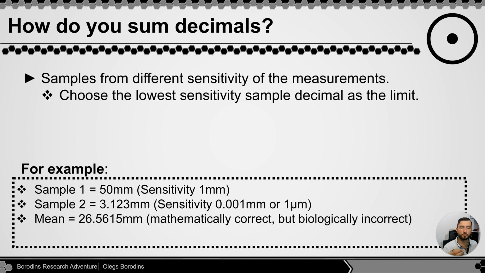And when we find a biological mean, it will give us 26.5615. And it's again correct mathematically, but biologically incorrect. You may think that the right answer for representing your data would be 26.562 because the fourth decimal is 5, and therefore to stick to 3 decimals it will be 3.